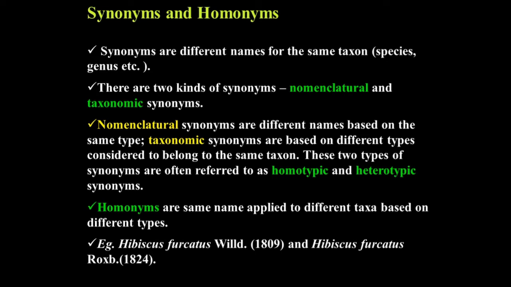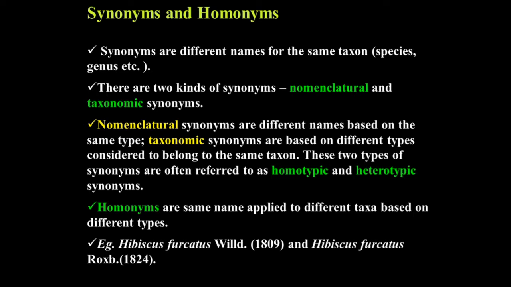So that species will have one name in the old genus and another name in the new genus. So it will have two names, but the type will be the same.